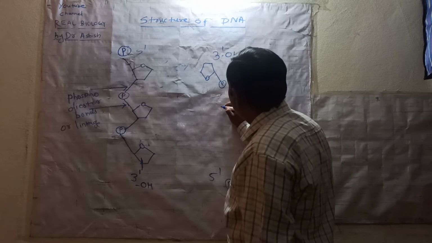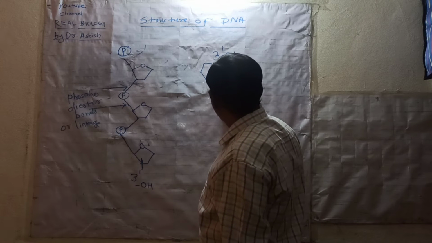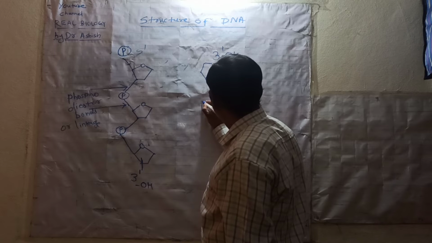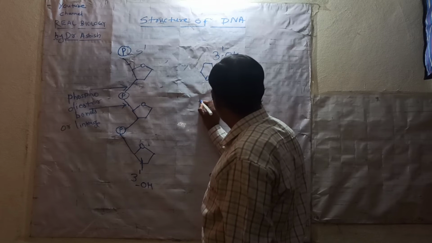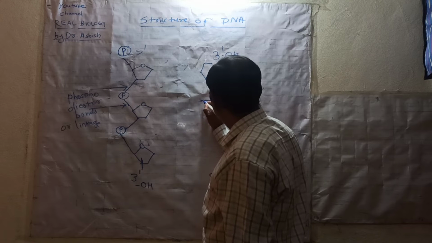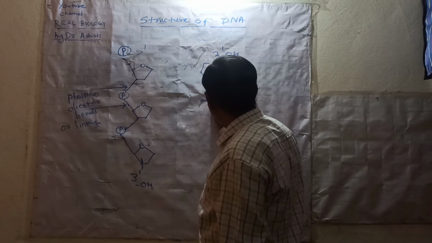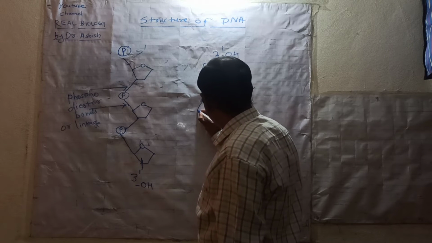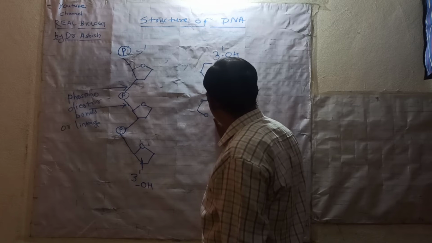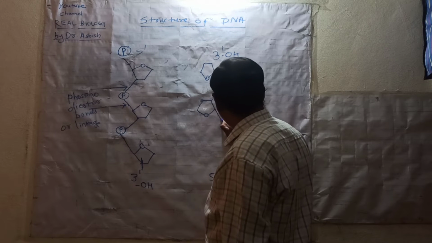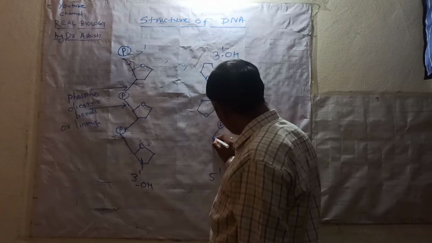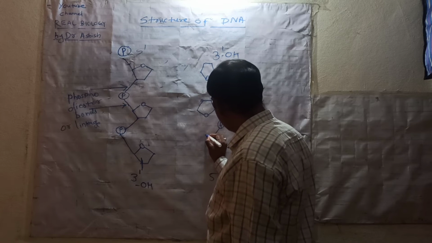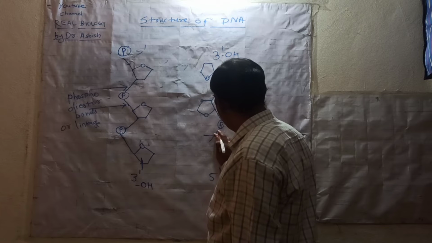Here there is a phosphate, then again another sugar molecule will come. Again the ring oxygen is on the downside. Then another phosphate, then another sugar. Likewise the thing continues.